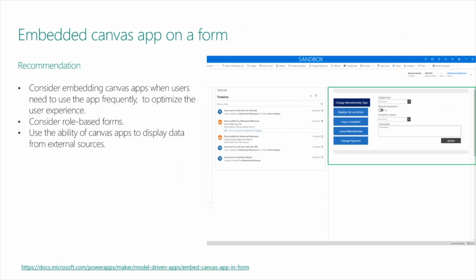And with that, you can also go beyond just replacing the dialog and leverage the full experience and capabilities of Canvas app to enhance the user experience in Dynamics 365. You're also able to potentially embed and surface information from other data sources in your Dynamics 365 form.